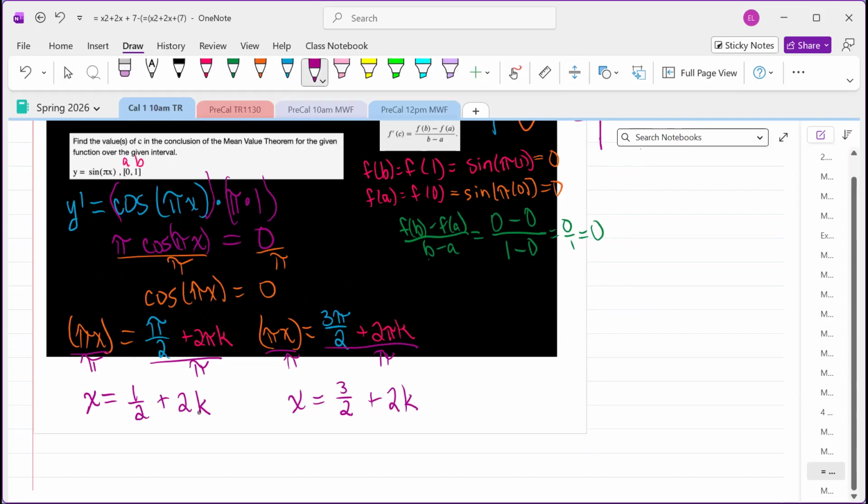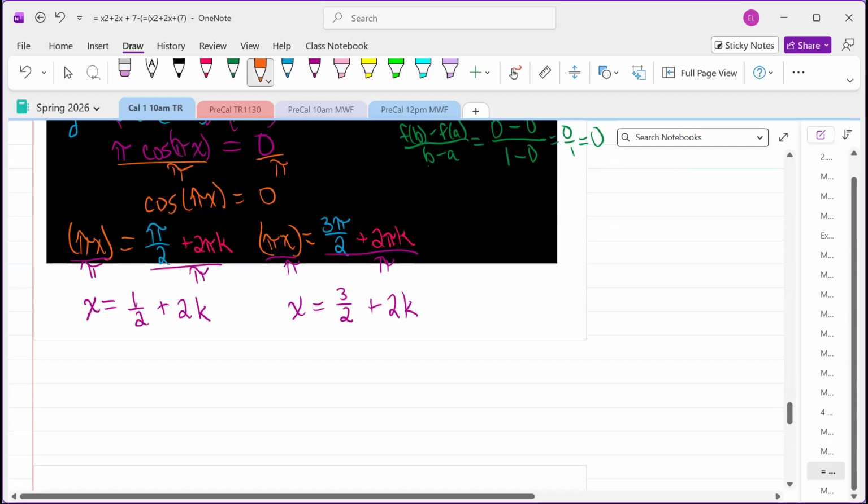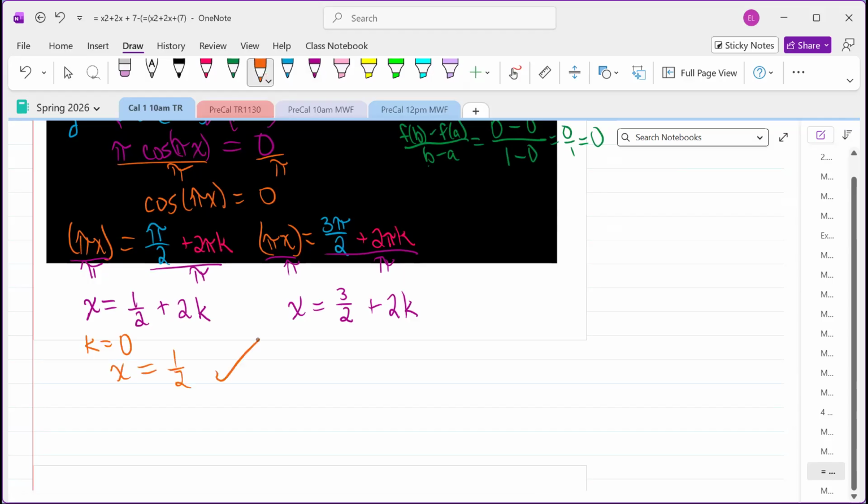If I plug in a k value of 0, I get 1/2. If I plug in a k value of 1, I'm going to get something bigger than 1. If I plug in a k value of -1, I'm going to get something smaller than 0. So k equals 0 gives me an x value of 1/2. That's between 0 and 1.